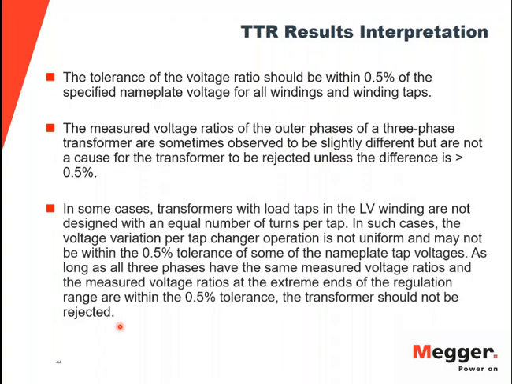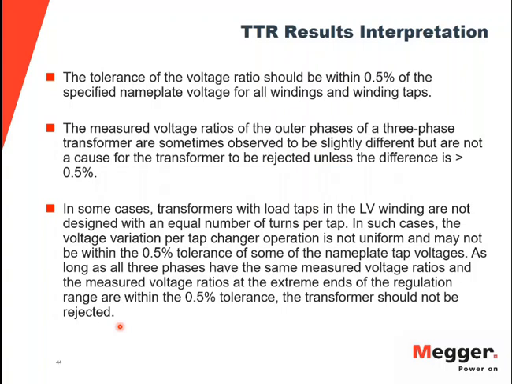One other thing I want to highlight is that when you are testing an on-load tap changer on the low voltage side, sometimes you may not have an equal number of turns per tap, which means that when you are trying to test the intermediate taps, there might be a different voltage variation, and because of that, your percentage error may exceed 0.5% on the internal taps.